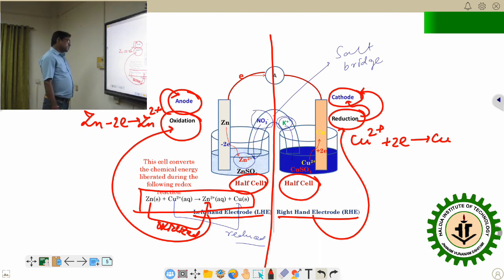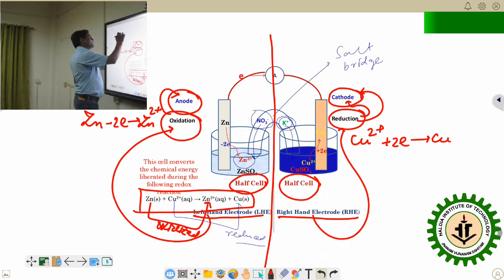We have to choose a reaction which is spontaneous in nature. You cannot choose any reaction, but you have to choose a redox reaction which should be spontaneous. And you know that to be spontaneous, delta G should be negative. Once delta G is negative, the reaction will be spontaneous.